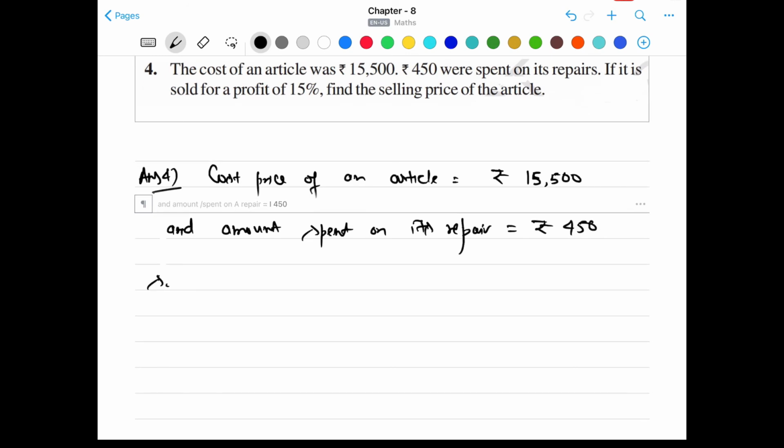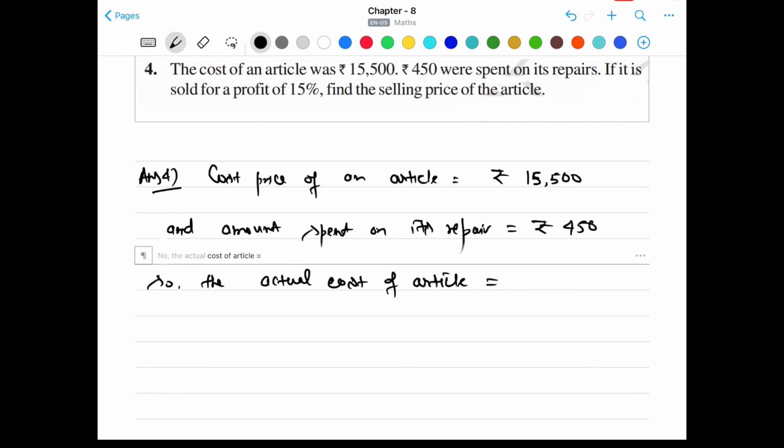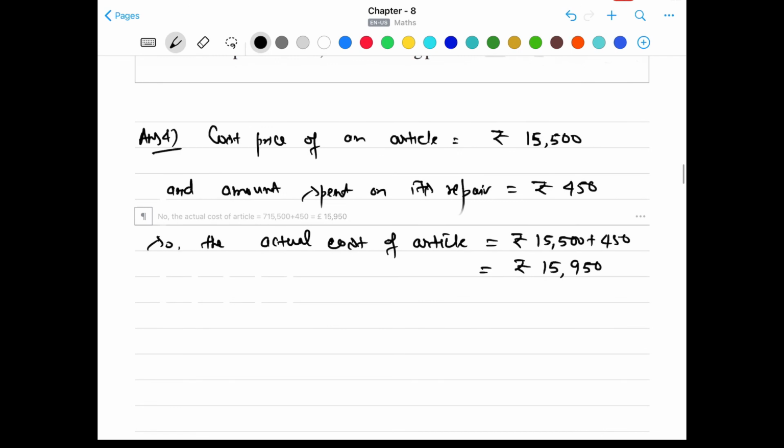So the actual cost of the article will be the cost and the overhead amount spent on that article. That will be rupees 15,500 plus 450, so the result will be rupees 15,950. The final cost of the article will become 15,950 rupees.